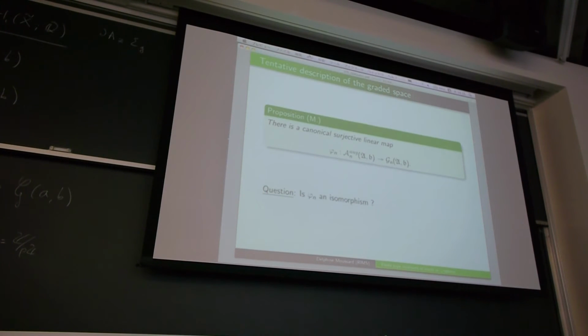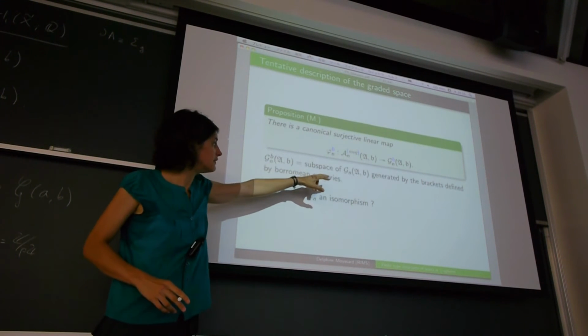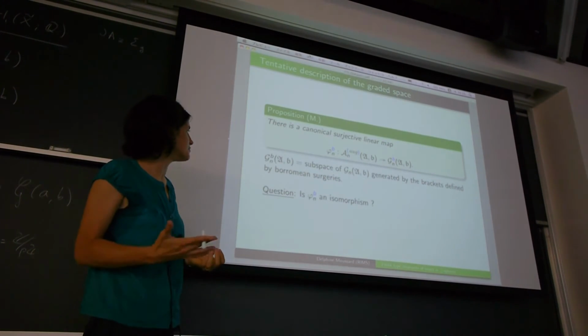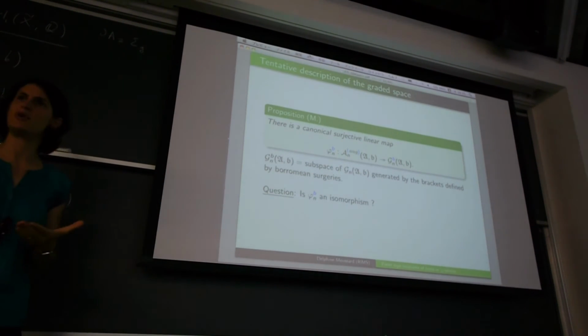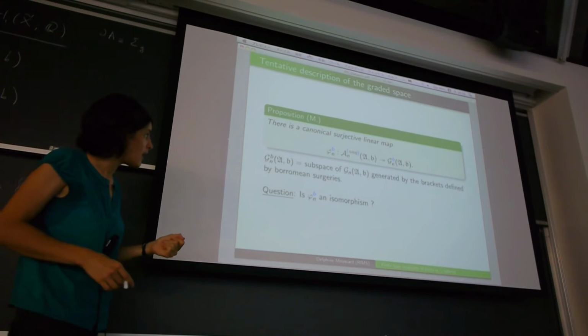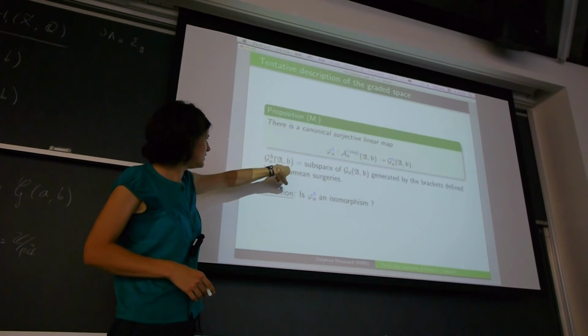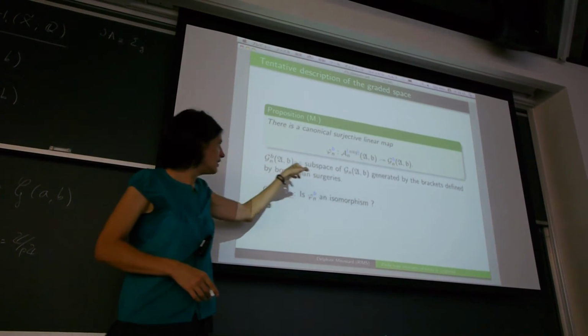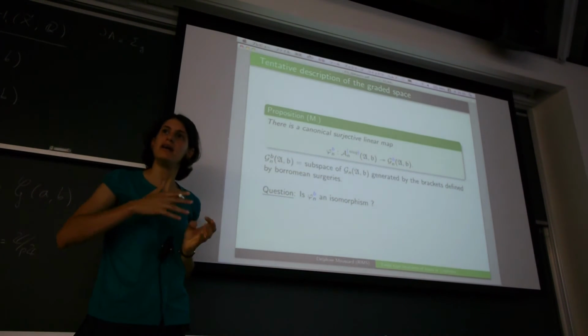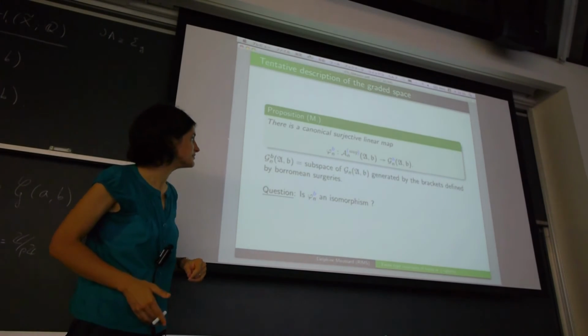So now we want to know if this map is an isomorphism. We have a complete description of our graded space. So first, for that we will reduce a little the question by considering the subspace of G_n^AB generated by the brackets defined only by Borromean surgeries. So we define it as a subspace of G_n^AB, meaning that we still quotient out by all the brackets defined by any surgeries.